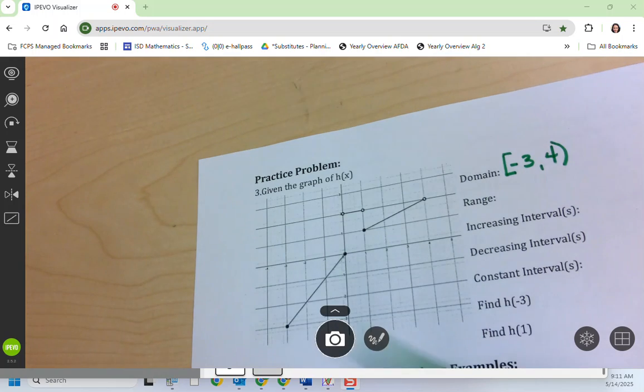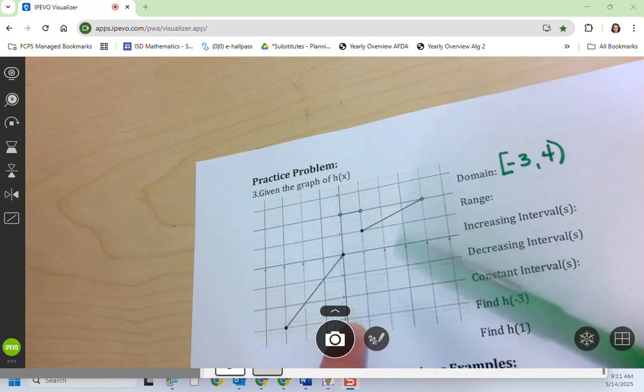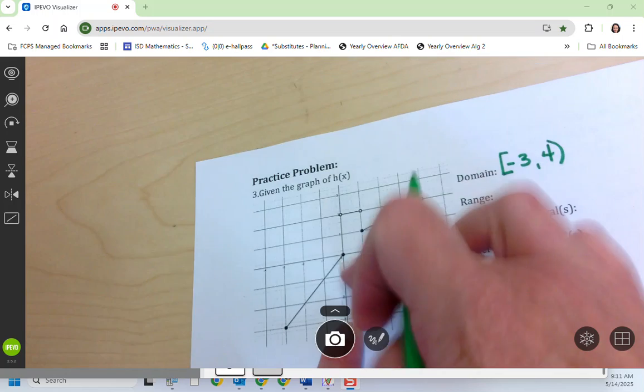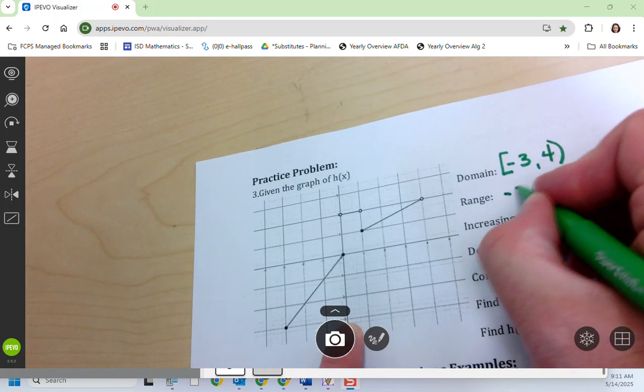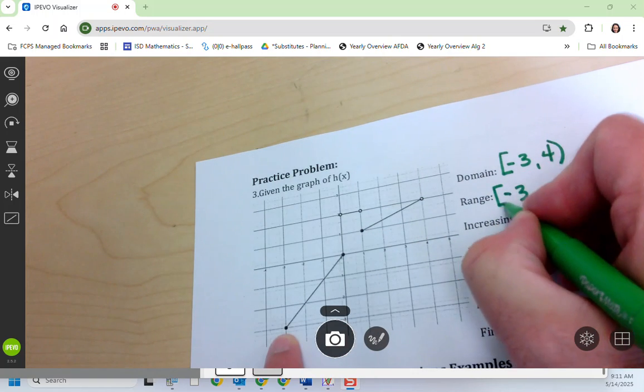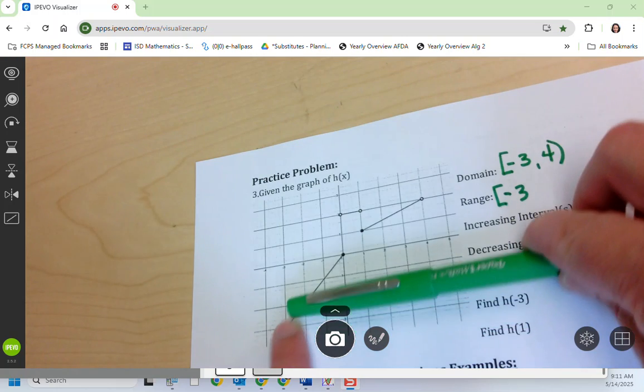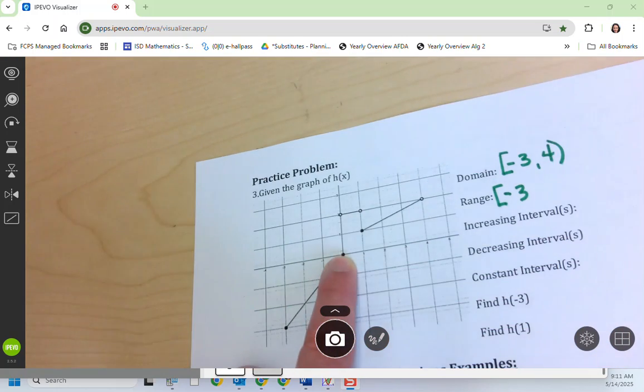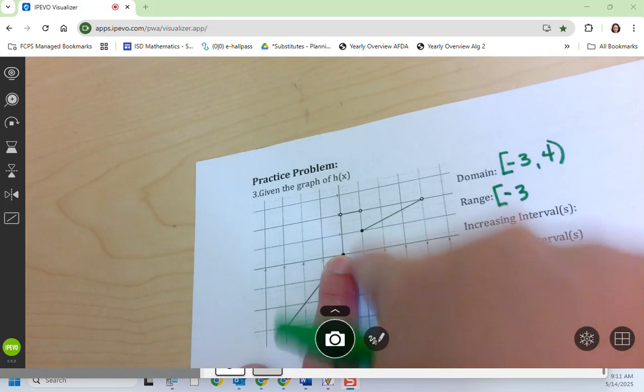Your range started at the bottom with a y value of -3, is that right? Okay. And there's a square bracket to include it, and then it went up to 0, but then what happens after 0? Is there anything there? Are there any y values? No. So we have a gap between 0 and 1.